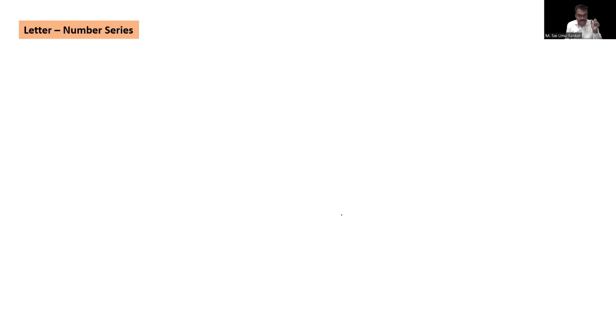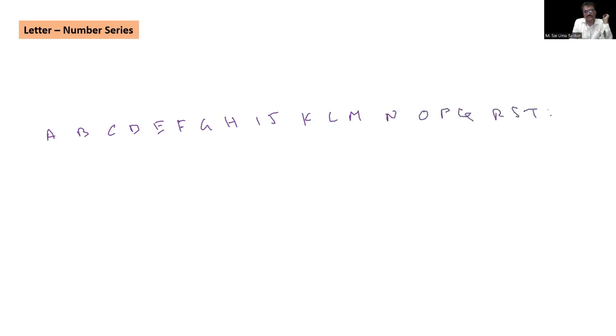Now, this entire topic is based on letters and numbers only. But the important thing is you must know the place value of each and every letter in the alphabet series, right? Suppose A, B, C, D, E, F, G, H, I, J, K, L, M, N, O, P, Q, R, S, T, U, V, W, X, Y, Z. And what are the place values of each and every letter?